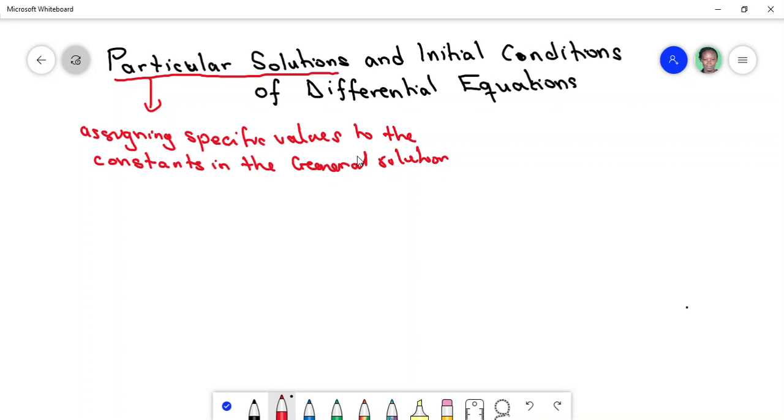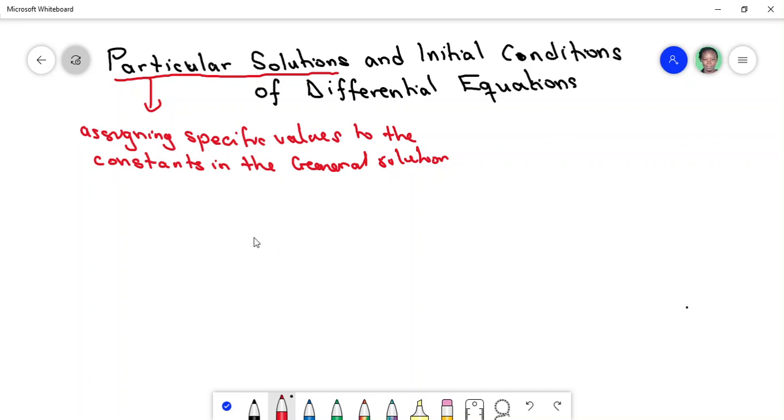With the general solution, you realize that we actually looked at a differential equation and we gave the general solution of that differential equation.